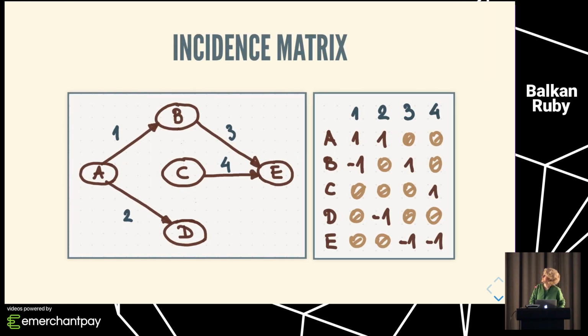Another way to represent it is to use a row for each one of the vertices, and columns for the edges. For example, if we have a system with a lot of vertices, but they are not highly related between them, maybe this kind of representation will need less memory to store the data. So in this case, we are using 1 and -1 to indicate where the edge starts and where it finishes.